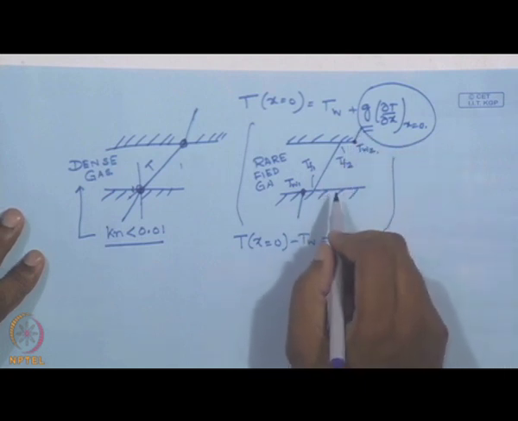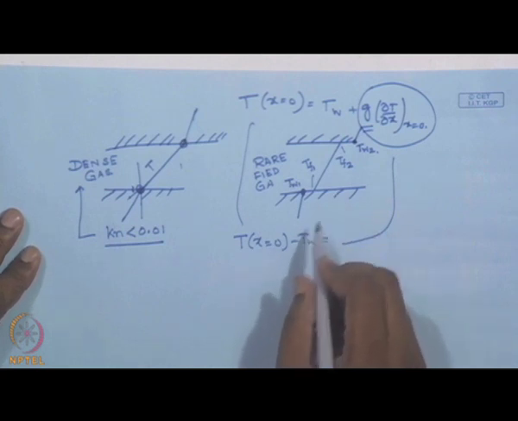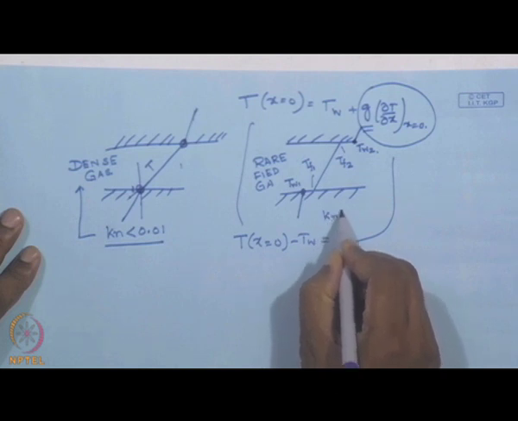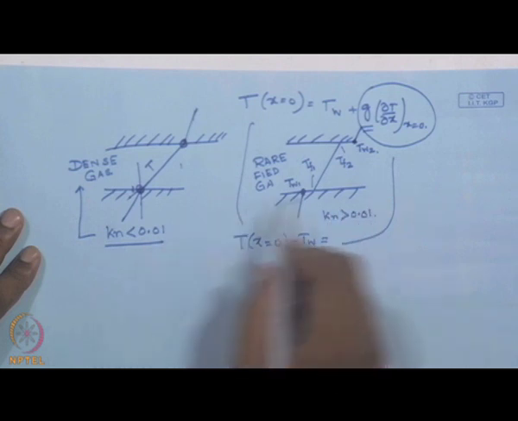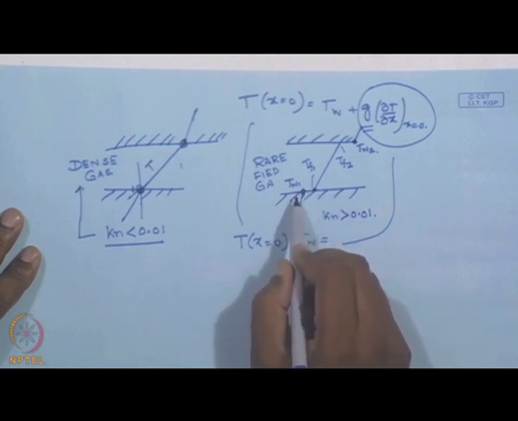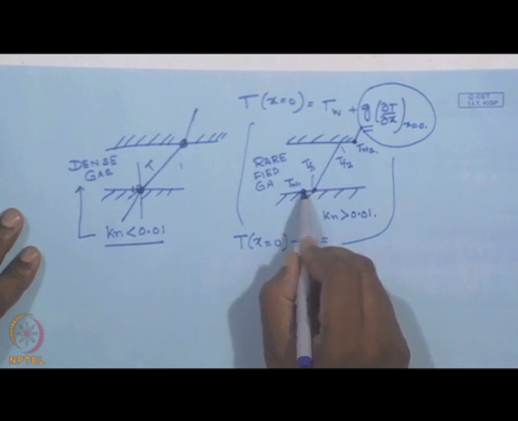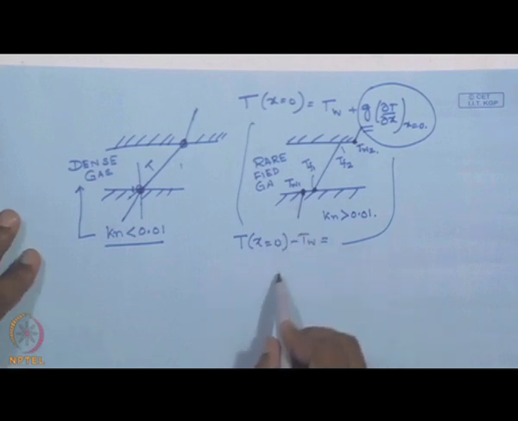Okay. So, this situation is for a rarefied gas where the Knudsen number is greater than 0.01. So, this temperature jump at the interface can be thought of as if we have an additional distance of the gap.